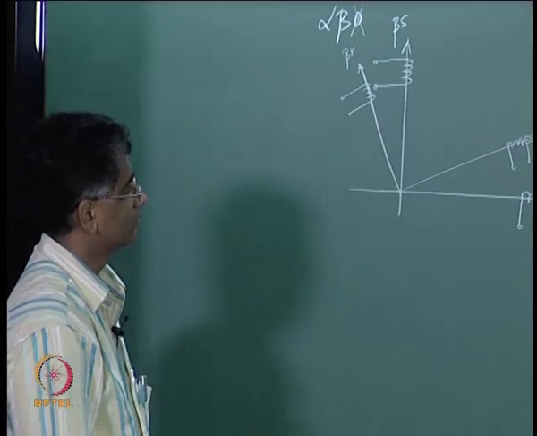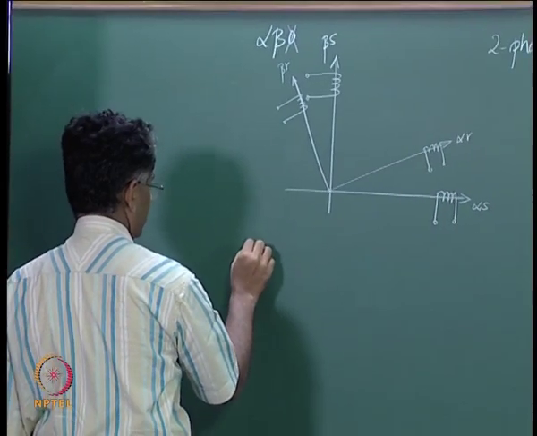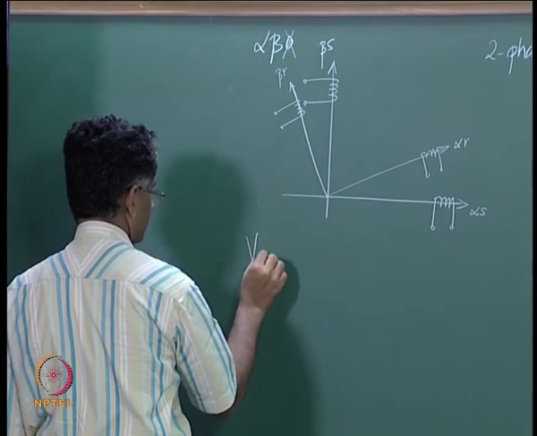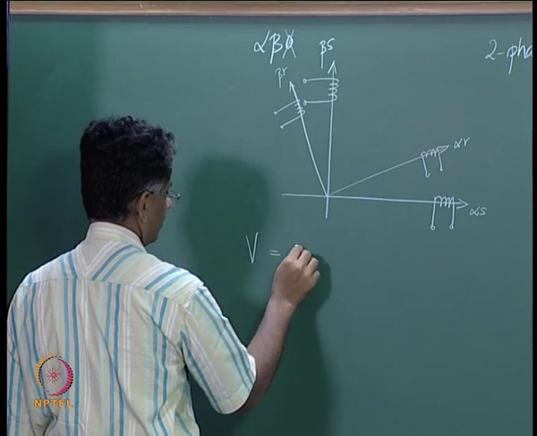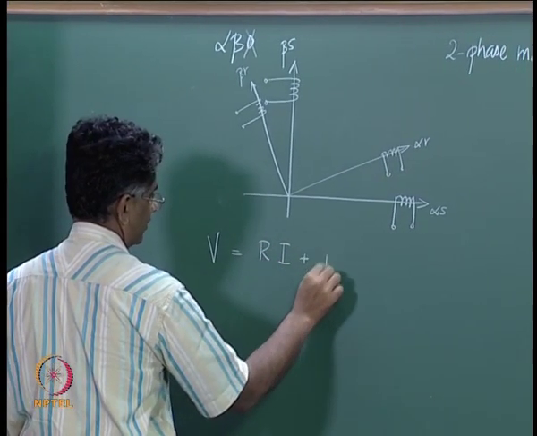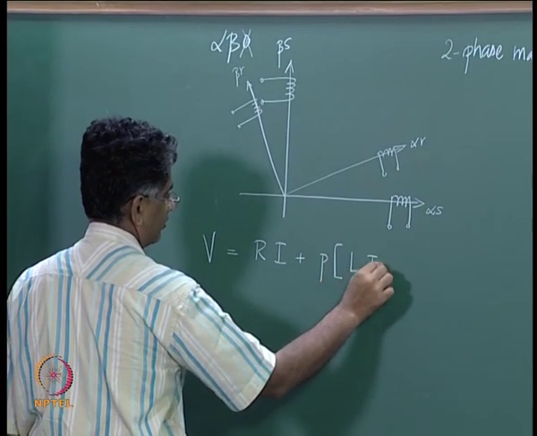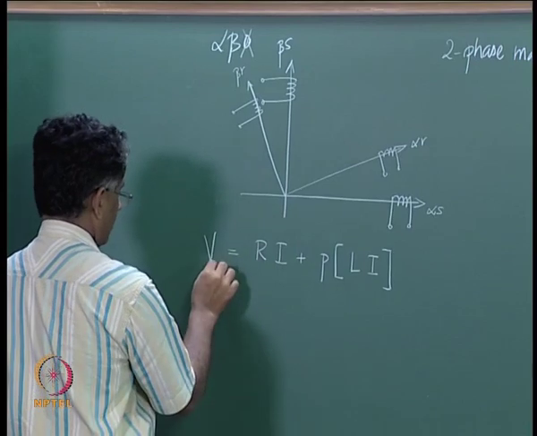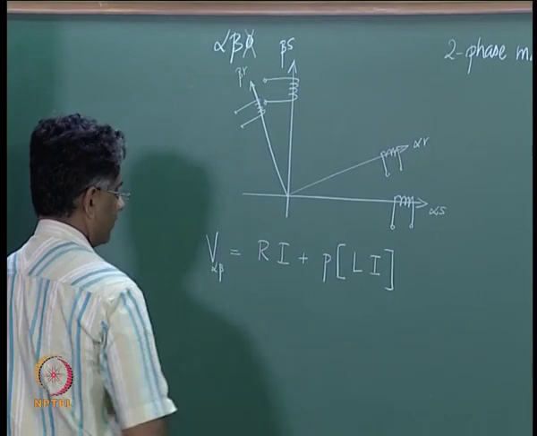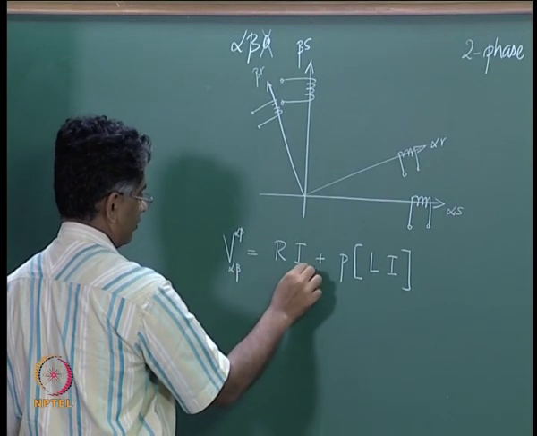And for this we can write the expression in terms of voltage equals R into I plus P of inductance matrix into the I vector. V is in the alpha beta reference frame for the stator and alpha beta for the rotor.